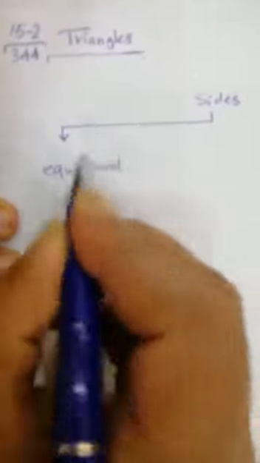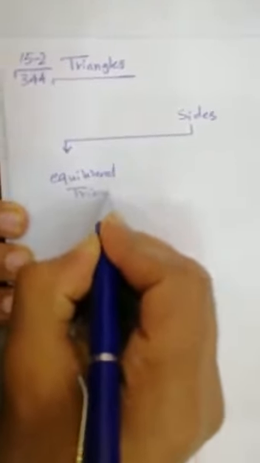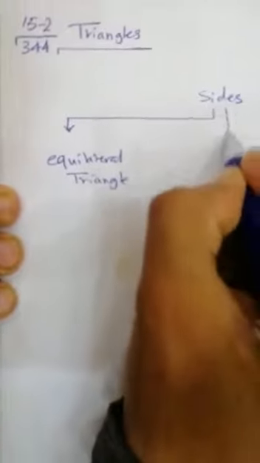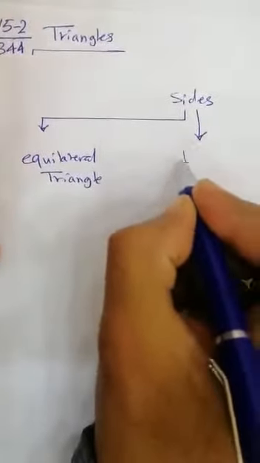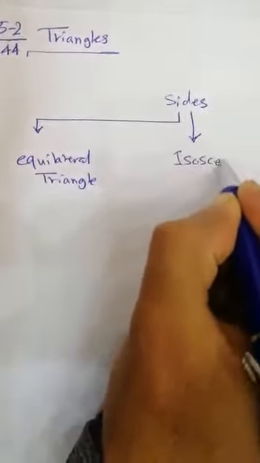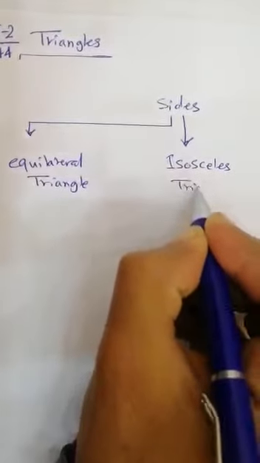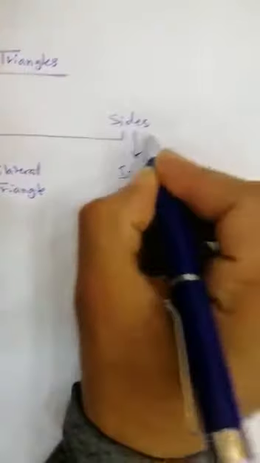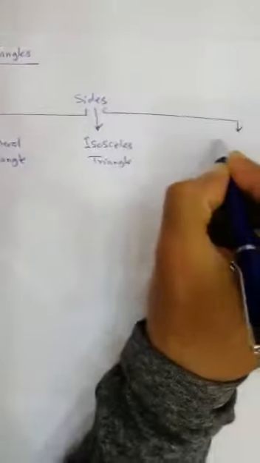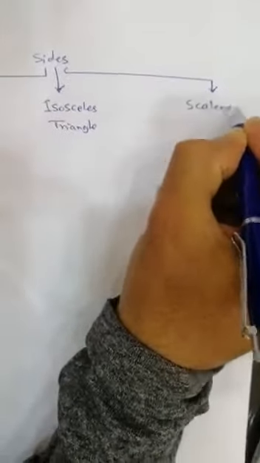We can classify it by sides, okay, into three types: equilateral triangle, isosceles triangle, and the third type, scalene triangle.